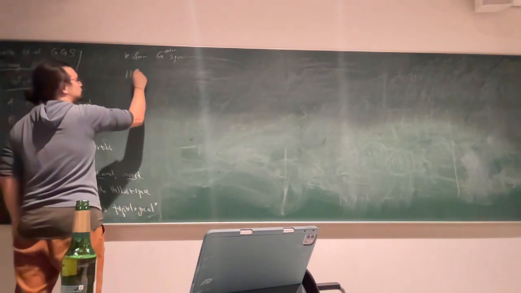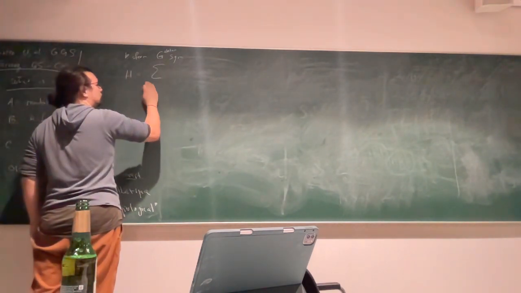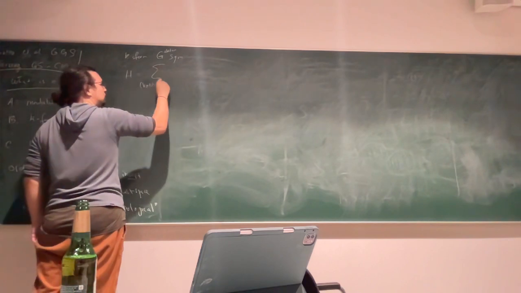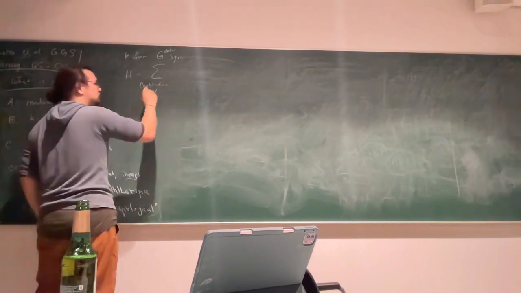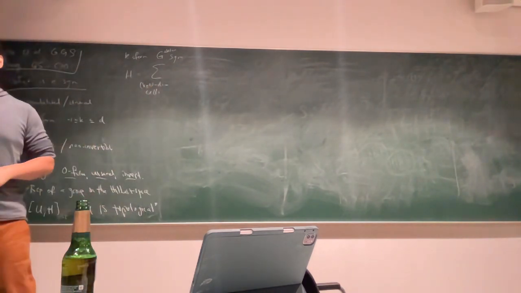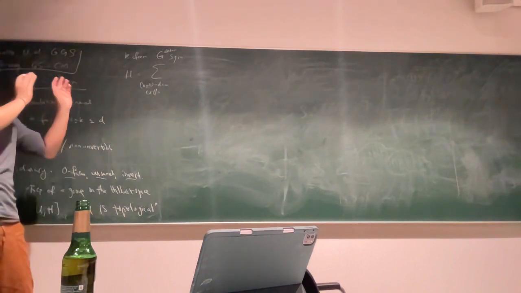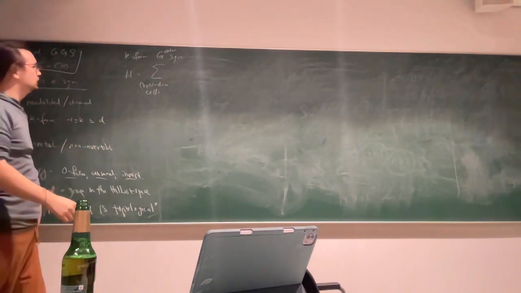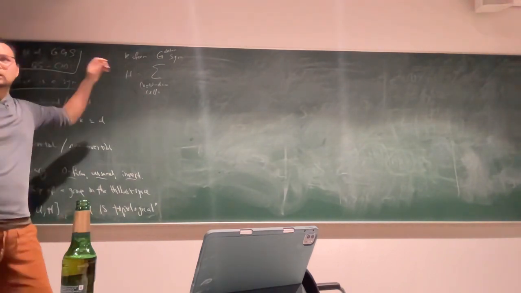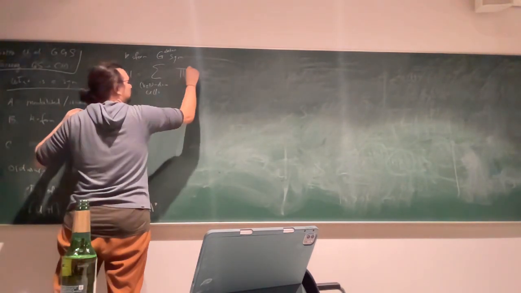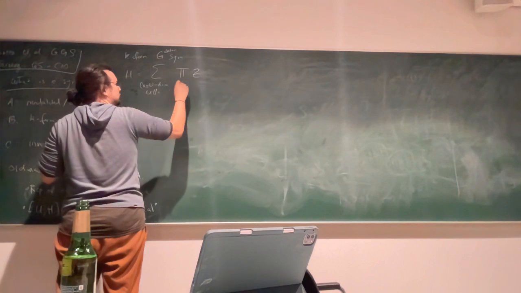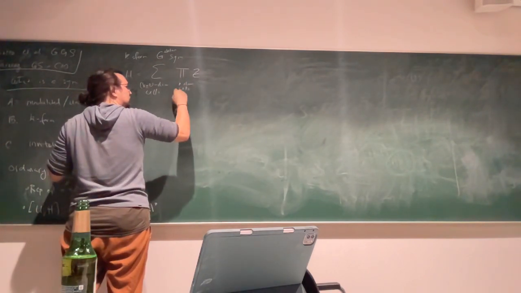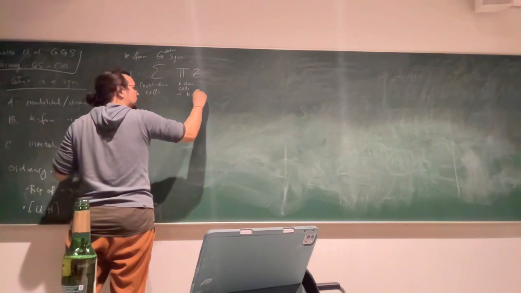I have a Hamiltonian, which is a sum over all K plus 1 dimensional cells. So I'm going to think about a triangulation of space. You could write down the quantum field theory version, but I don't want to talk about differential forms. So take some discretization of space, take the sum over all the K plus 1 dimensional cells, and take the product of some sort of Z operators on all of the K dimensional cells in the boundary.